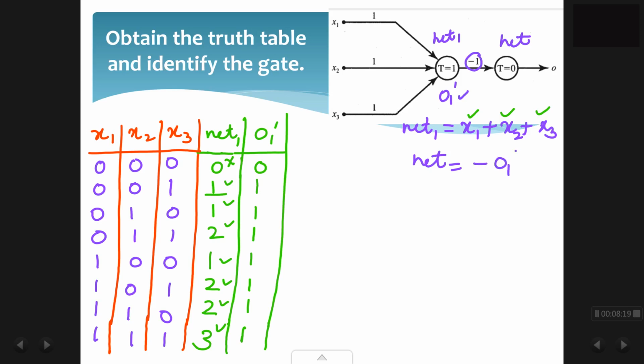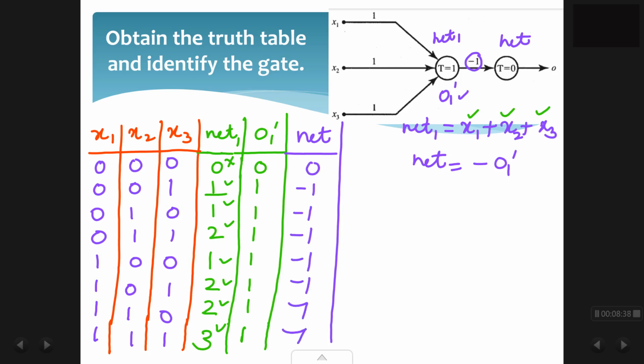So the net value is nothing but minus of O1 dash. So we will be calculating net, which is nothing but minus of O1 dash. You just put a minus sign, so all the ones will get converted to -1.